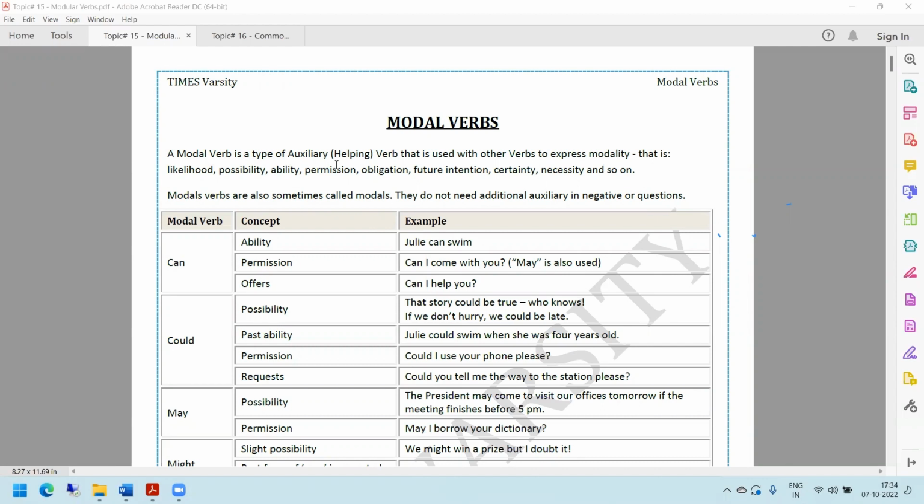Anyone would like to give examples of auxiliary verbs or helping verbs? We use a number of helping verbs in different sentences.